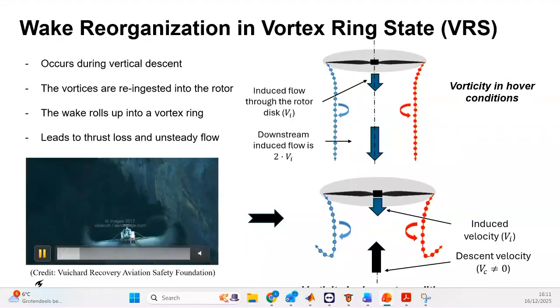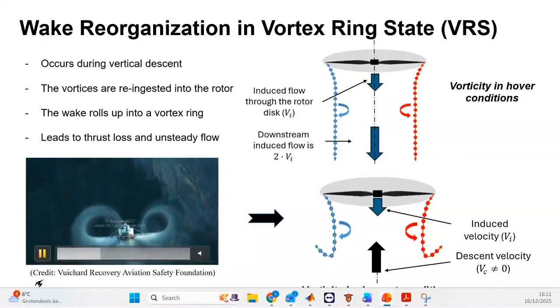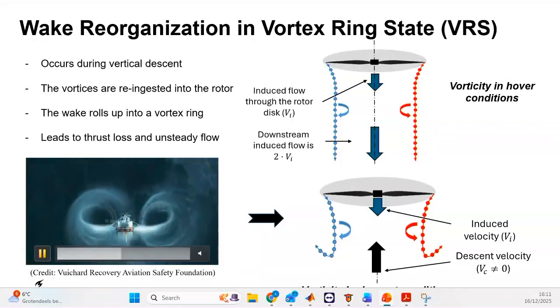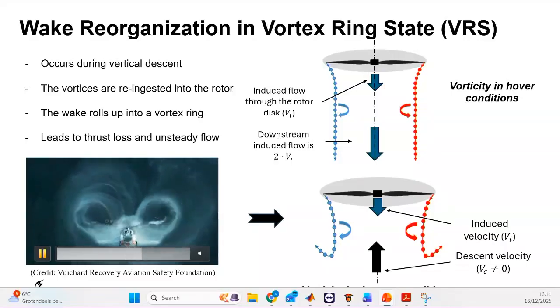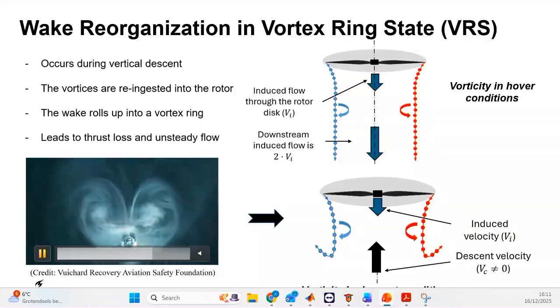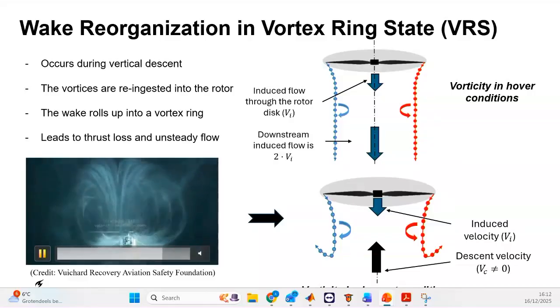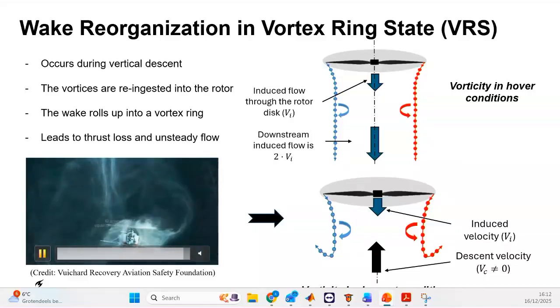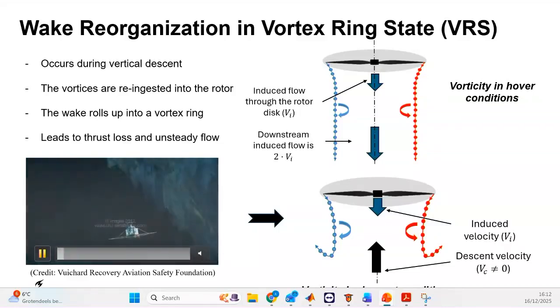In this case, the rotor starts to re-ingest its own wake, and we can see the formation of this vortex ring around the propeller. This is because we have the tip vortices, and then when the rotor starts descending, we have this descent velocity. When both velocities are comparable, like the ratio between both velocities is close to 1, we have this big vortex around the propeller.